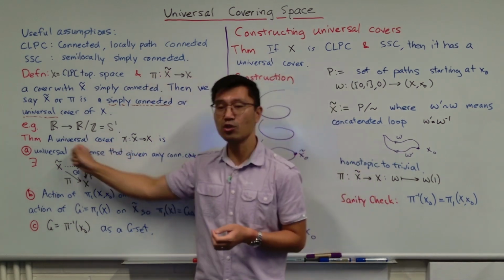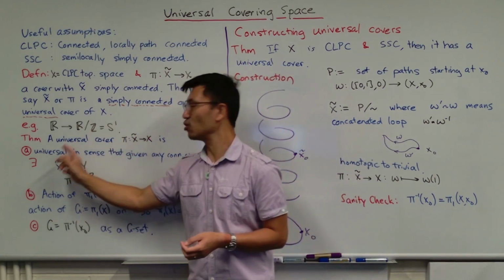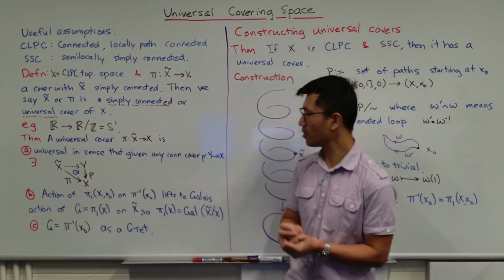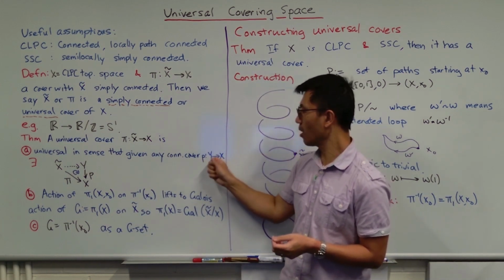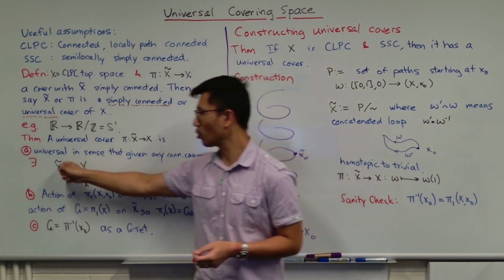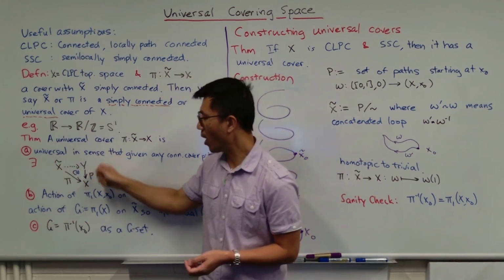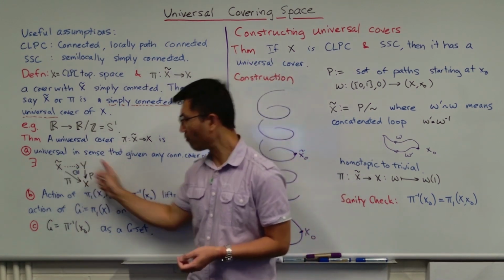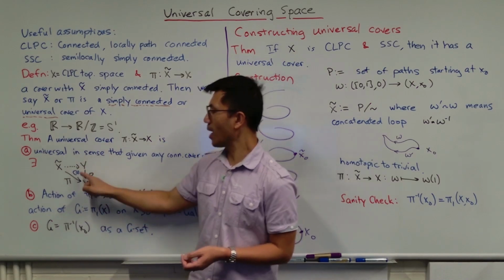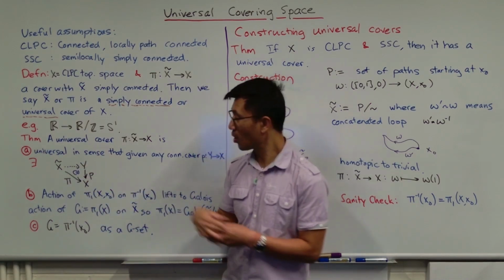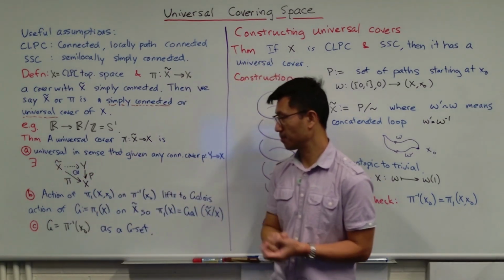Suppose you have a universal cover pi from X tilde to X. Then it is indeed universal in the following sense: suppose you're given another connected cover, say from Y to X. Then you have a map of covers from X tilde to Y. In other words, you have a map from X tilde to Y such that the following diagram commutes. So in this sense, the universal cover is indeed the mother of all connected covers.